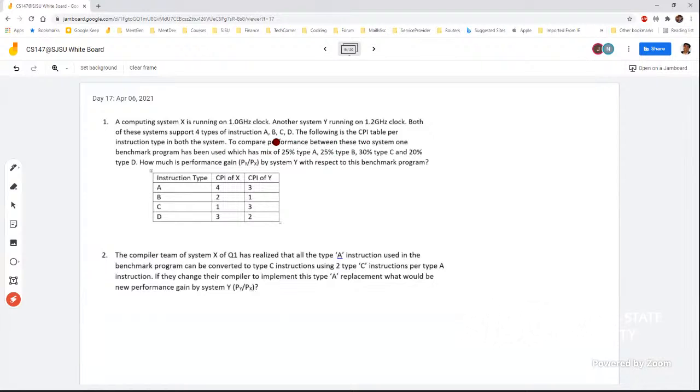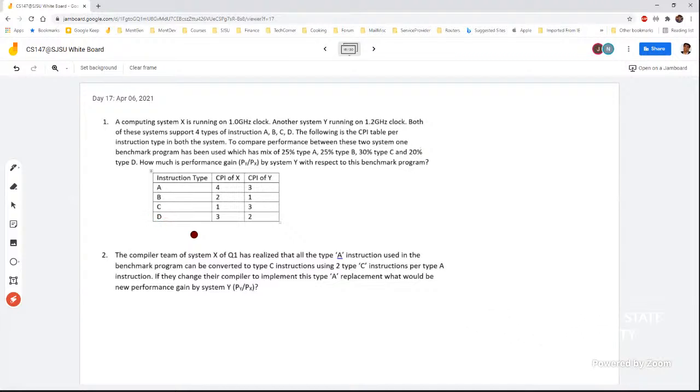Now, to compare the performance between these two systems, one benchmark program is used, which has a mix of 25% of A, 25% of B, 30% of type C, and 20% of type D.